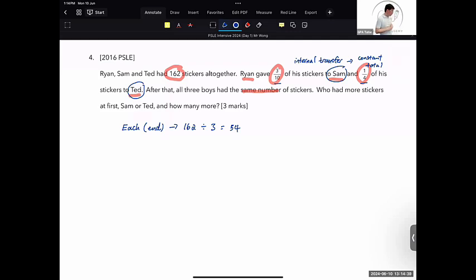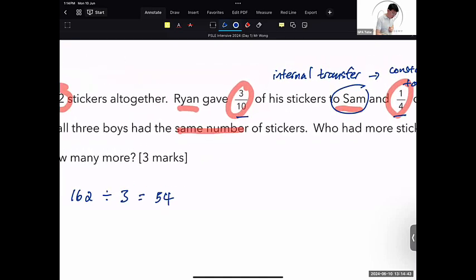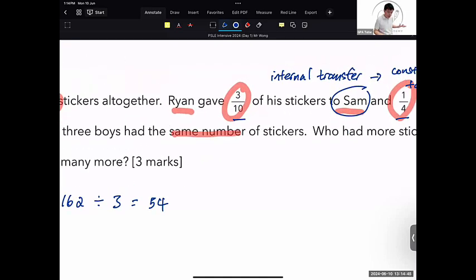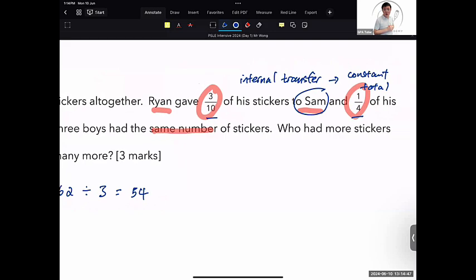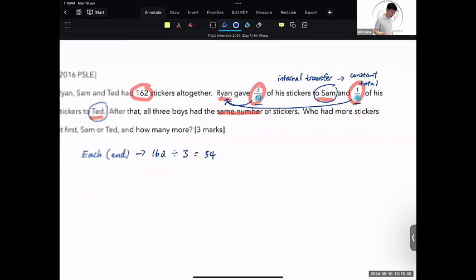What should I make Ryan? Do I look at the numerator or do I look at the denominator? Denominator, why? Your denominator here represents whose stickers? It represents Ryan, exactly. So you find a common multiple of 4 and 10. Very good. That should be what you need to do.